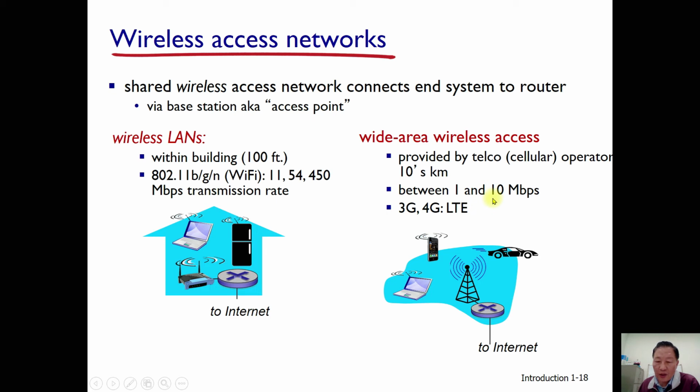Fifth generation was serviced for the first time in the world in Korea. This is provided by a telephone company, called a telco, or cellular operator, with a range of a couple of tens of kilometers, that is called wide area instead of local area, WAN, wide area network instead of local area network.